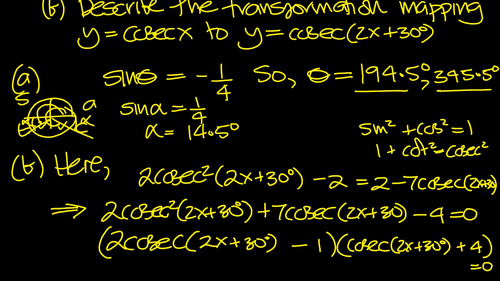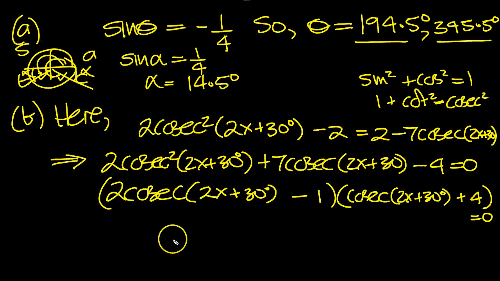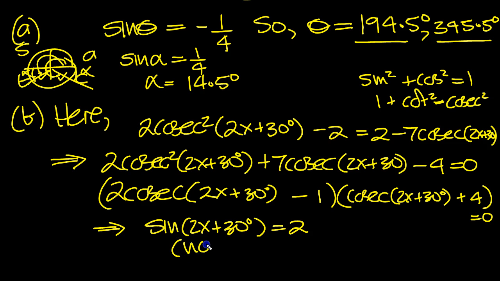So let's solve this then. For this one, cosec would need to be a half for this to work, so that means sine would need to be 2. And there are no solutions for this because sine never equals 2.